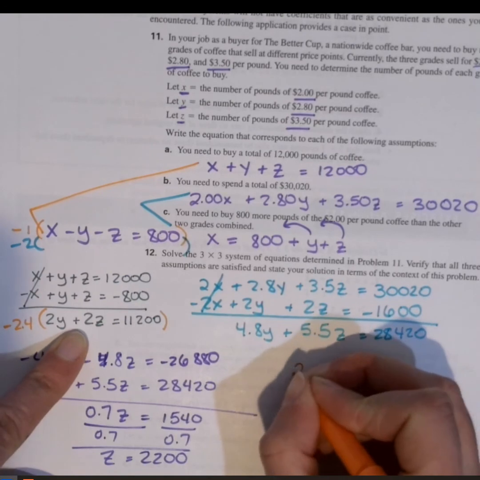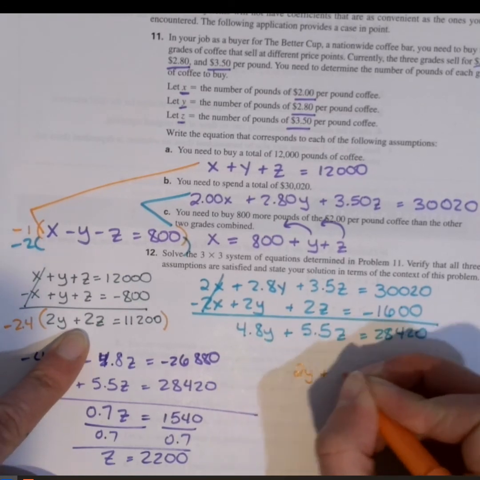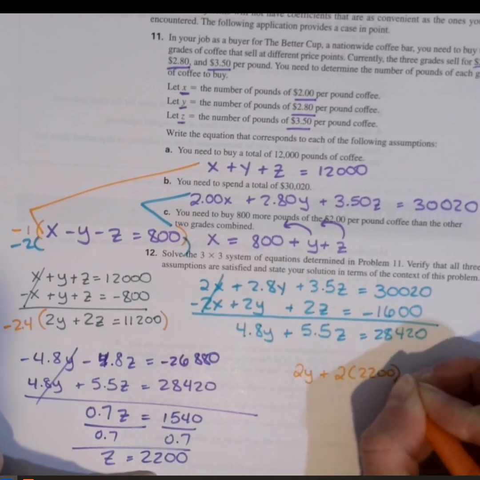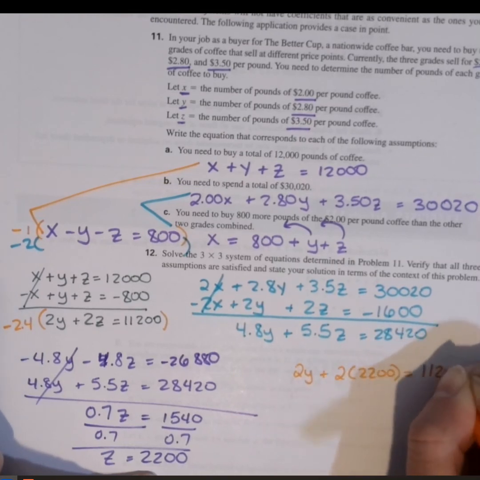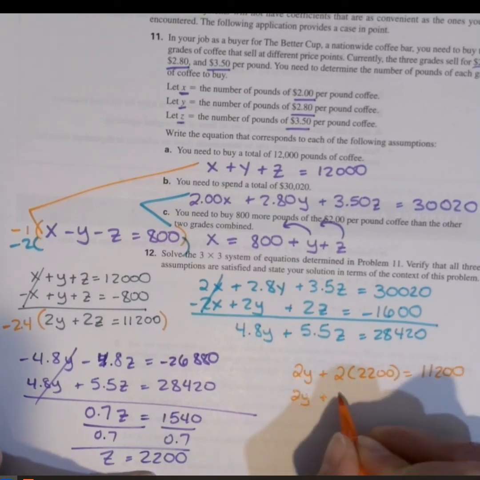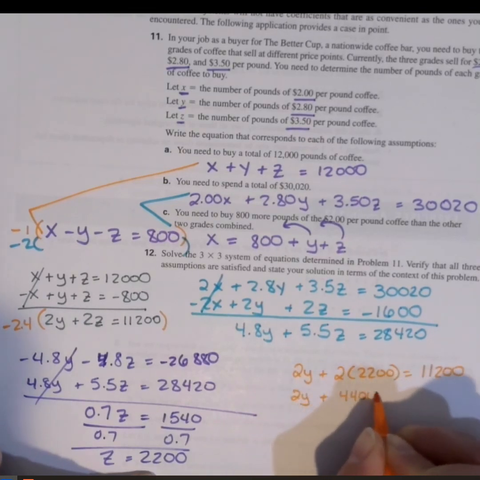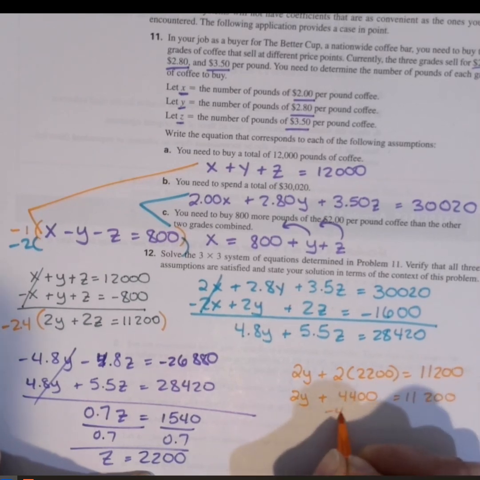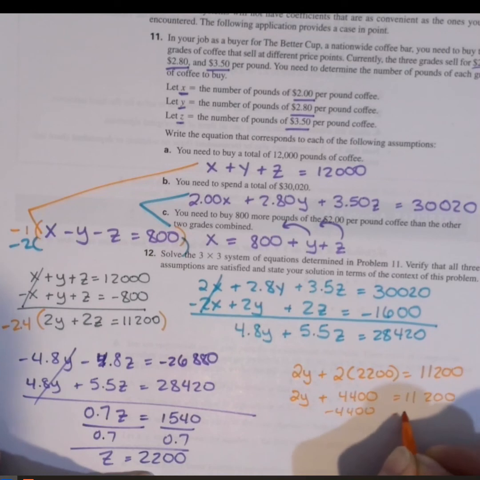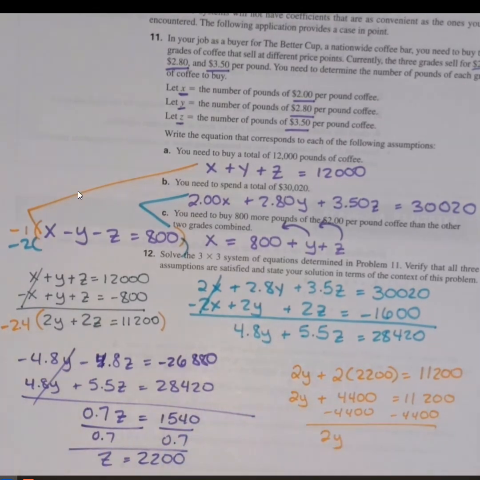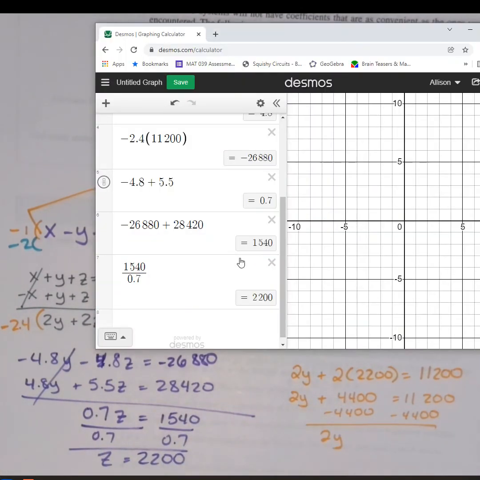So 2y plus 2 times 2,200 equals 11,200. So 2y plus 4,400 equals 11,200. If I subtract the 4,400 from both sides, that's going to give me, again, we can use some assistance for the calculation.